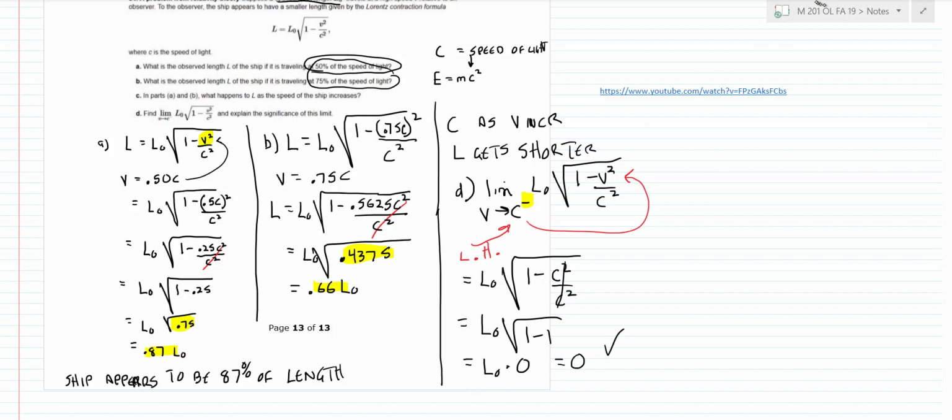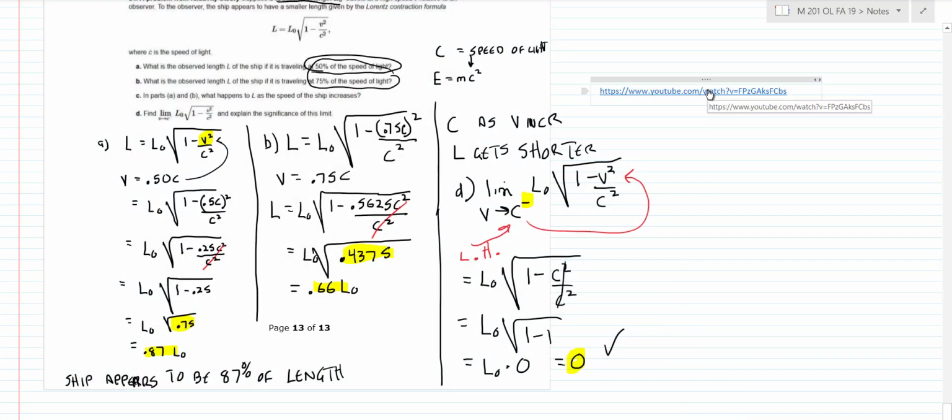As you get closer and closer to the speed of light, the object, whether a big spaceship or the Star Trek Enterprise, would appear to shrink to nothing. It wouldn't, of course, but it would appear to, from the observer that's not on the spaceship. Okay, so that's how that goes. That's real interesting. Hope you enjoyed that as something a little different.